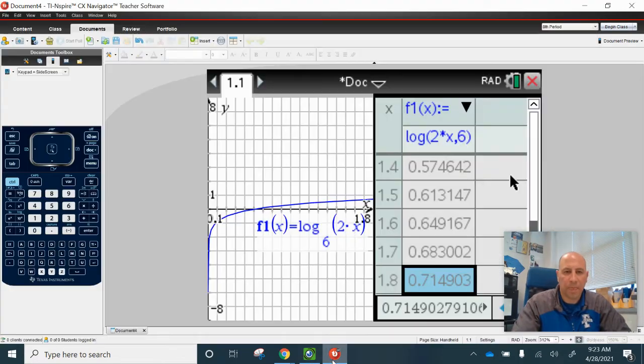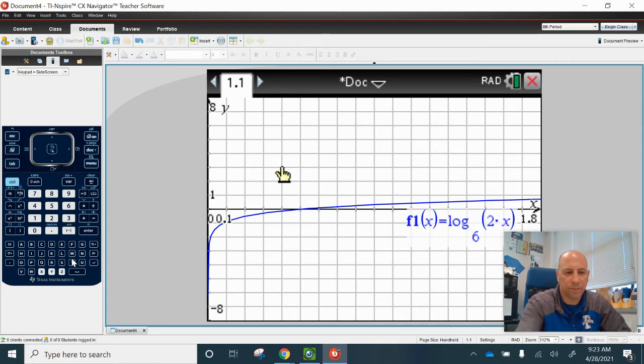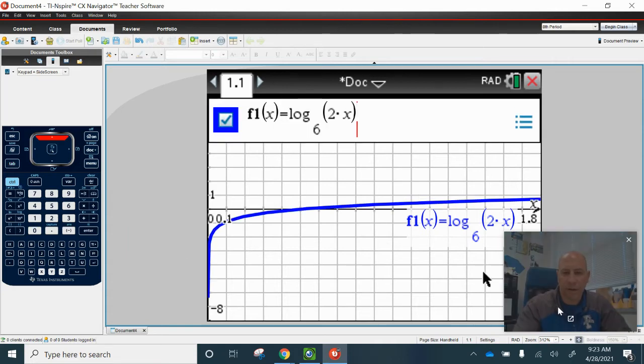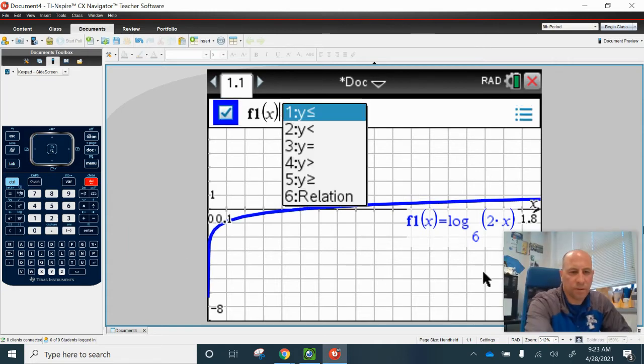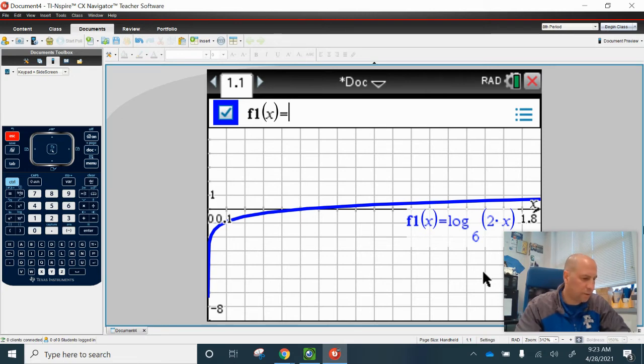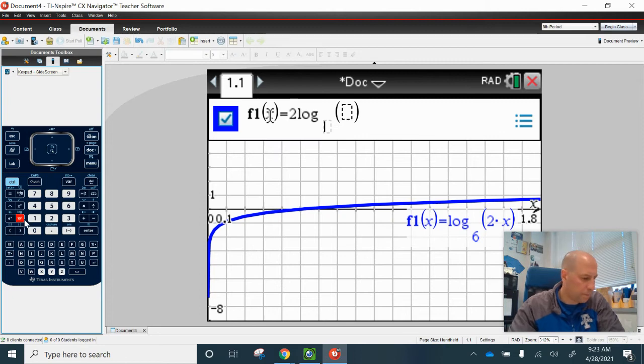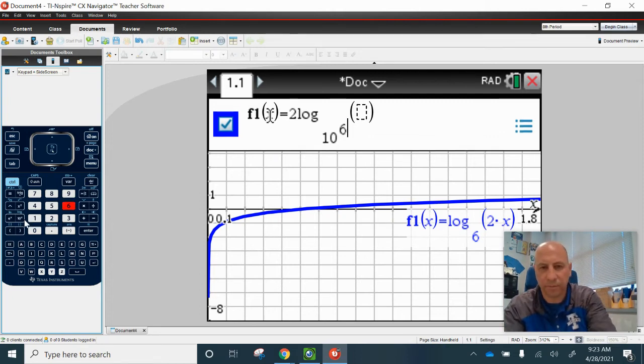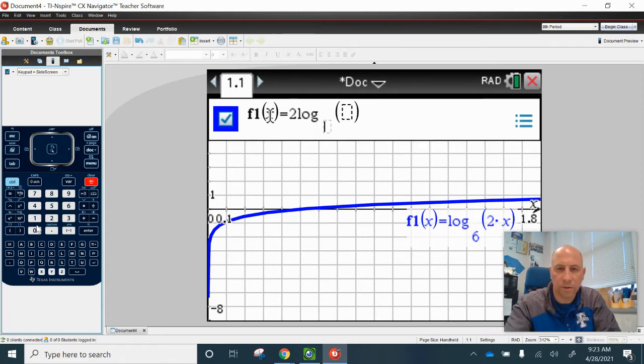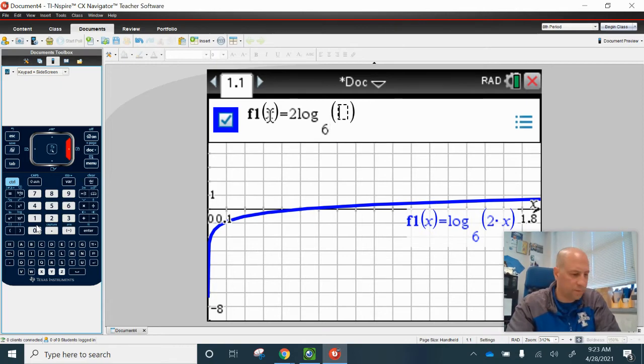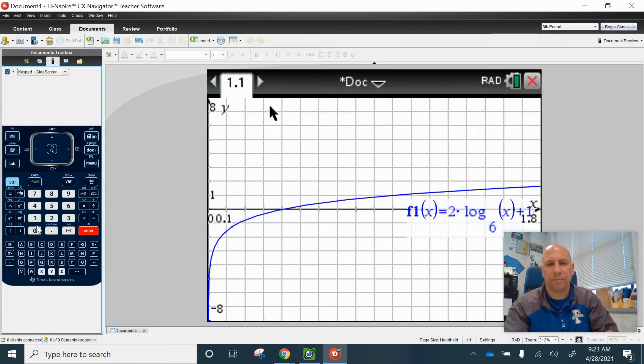Okay. Now we're going to graph the right side. So what I'm going to do is press Control T, press Tab, and I don't want the left side, I just want the right side. So 2 times Control log base 6 of x plus 1.